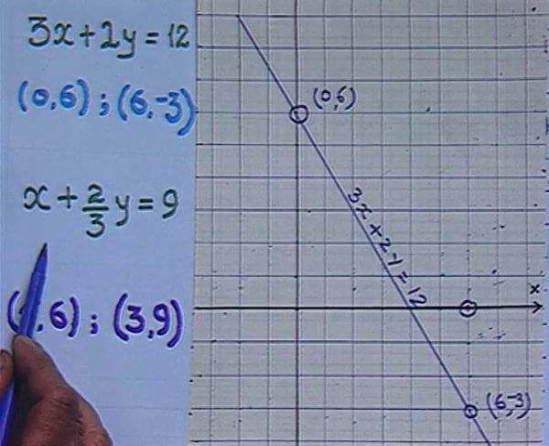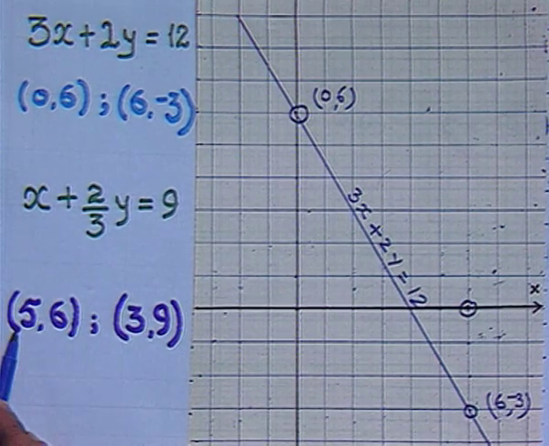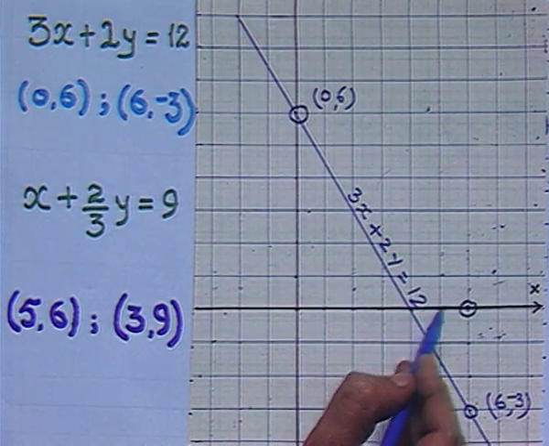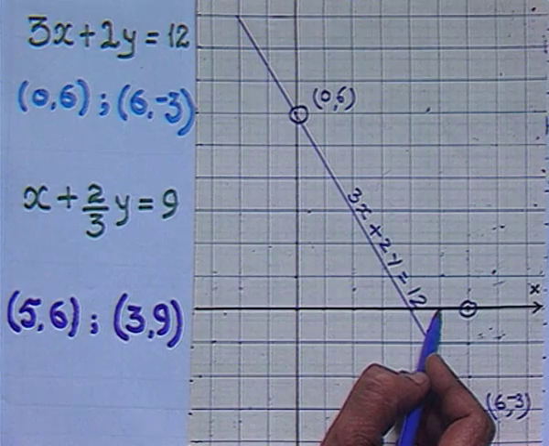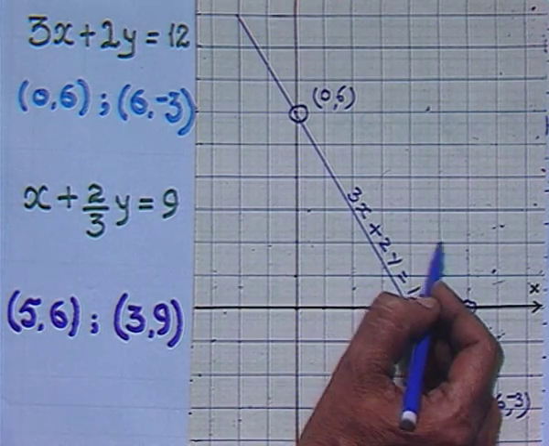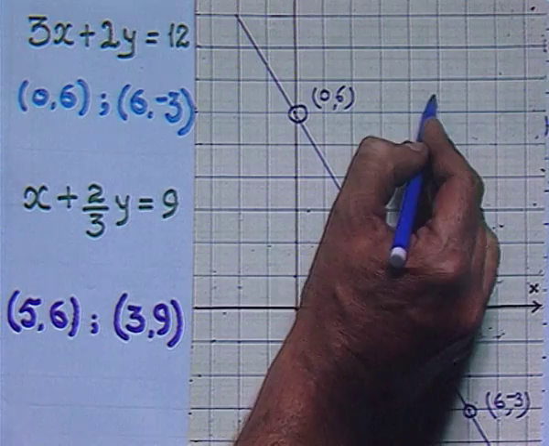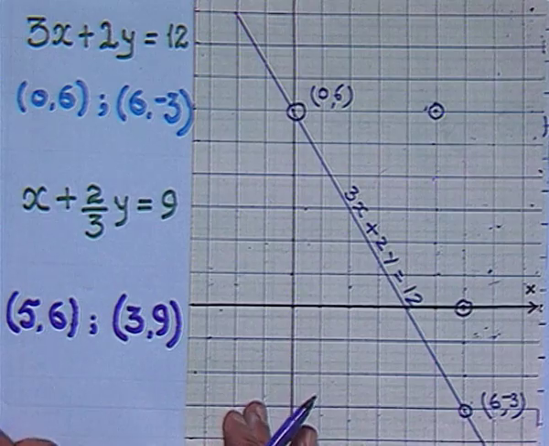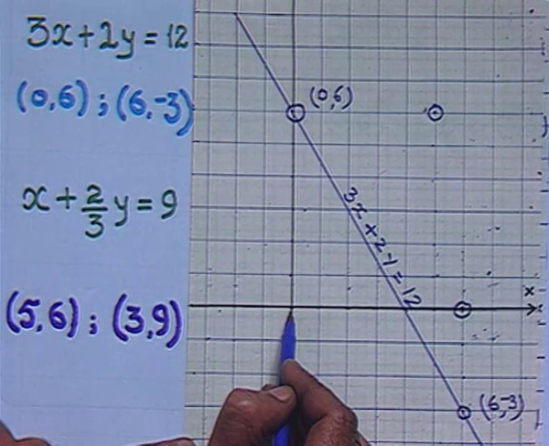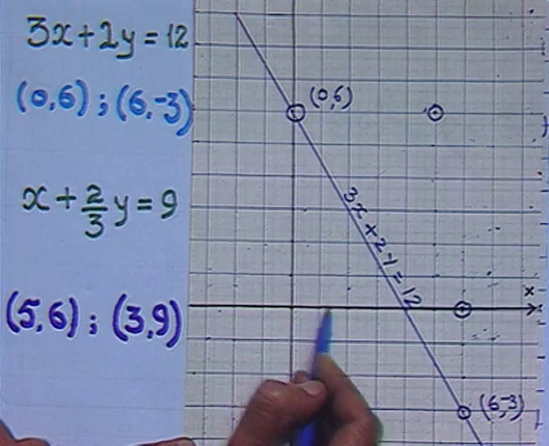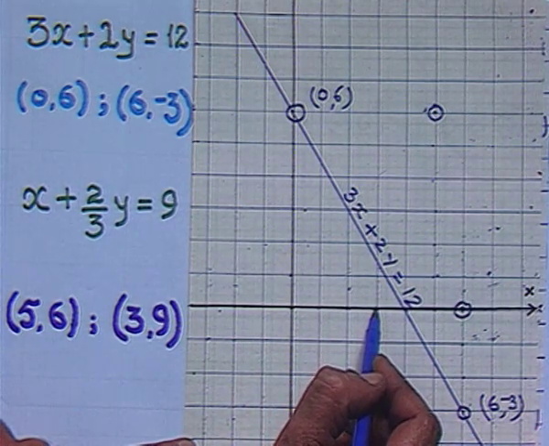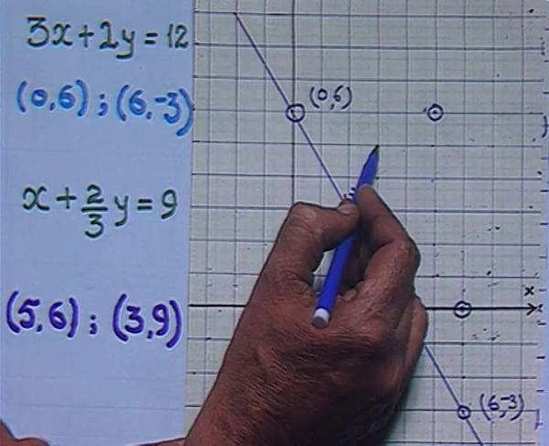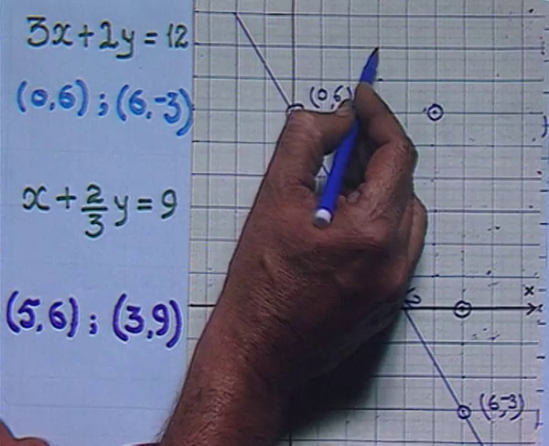Now let's plot the ordered pairs for the other equation. They are (5, 6). 1, 2, 3, 4, 5, and 6 units I will have to move up. This is the one point, and the other point is (3, 9). 3 units onto the right of origin, 1, 2, 3, and 9 units I will move up, 1, 2, 3, 4, 5, 6, 7, 8, 9.